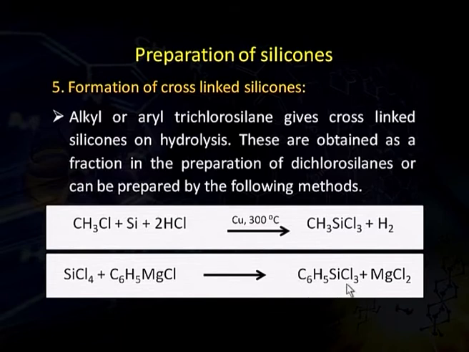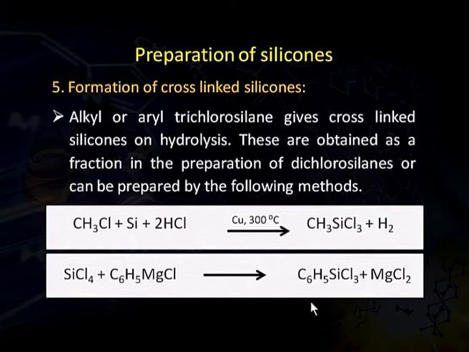The hydrolysis of alkyl trichlorosilane takes place as shown here. Here we have trichloroalkylsilane. This can be the alkyl or aryl part, any part as we have seen earlier. On hydrolysis, that is reaction with water, it gives this alkylsilanetriol. Here we have seen that the 3 chlorine parts are replaced by the 3 OH parts.